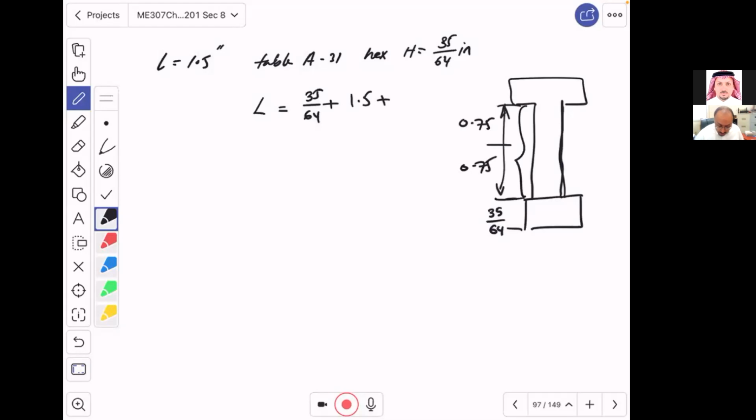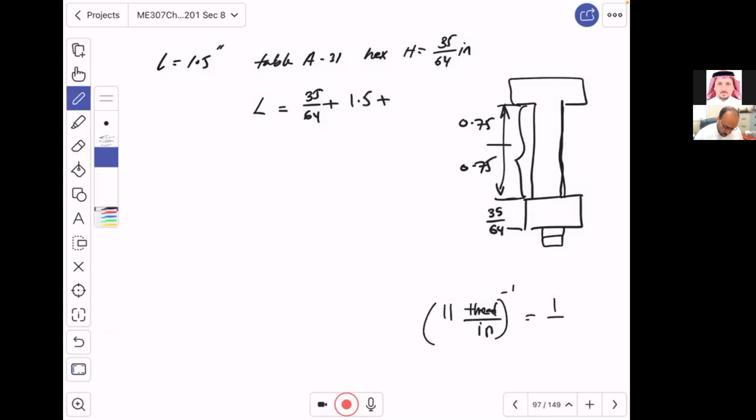Then we add 2 threads. Now, for the 2 threads, we said that 11 is the number of threads per inch. If you take the reciprocal of that, you will have 1/11, which is inch per thread.